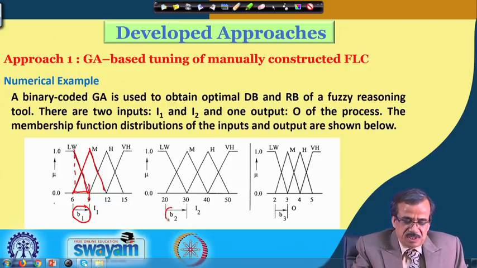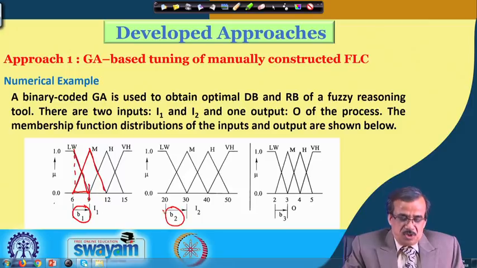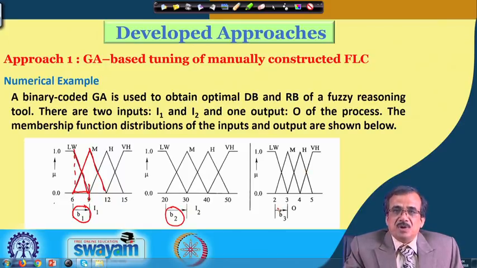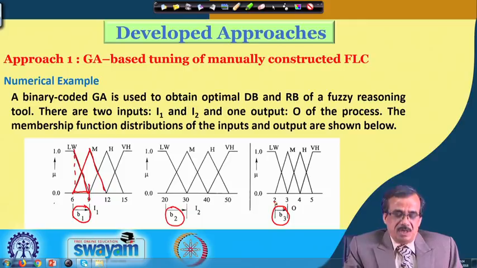Similarly, for this particular I 2, B 2 is the variable. So, B 2 could be large or it could be small. Similarly, for this particular output, B 3 could be the design variable. Now, we will have to assign some bits to represent B 1, B 2 and B 3.